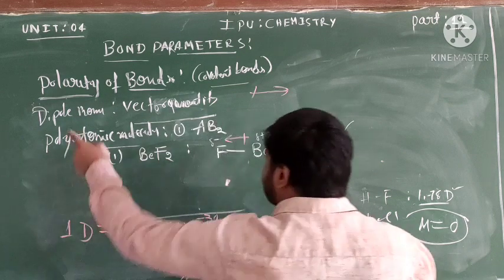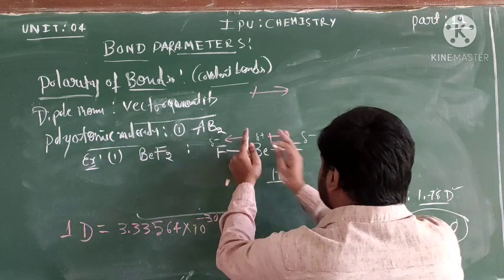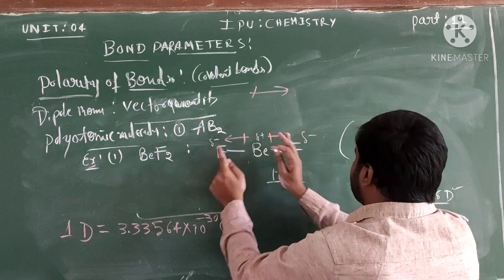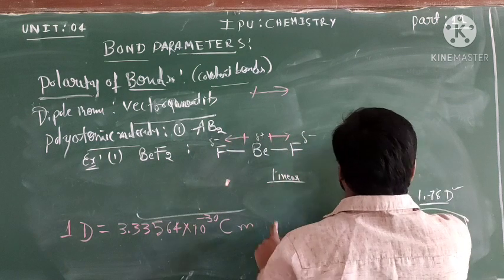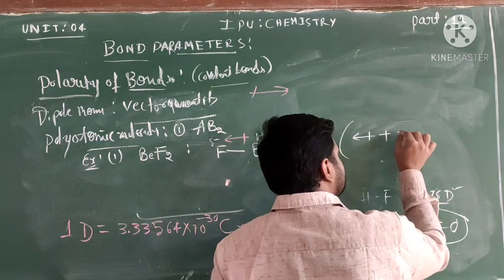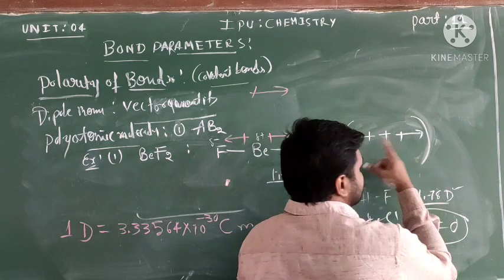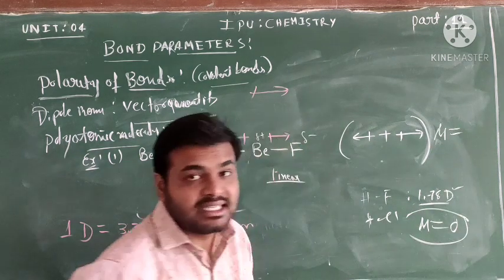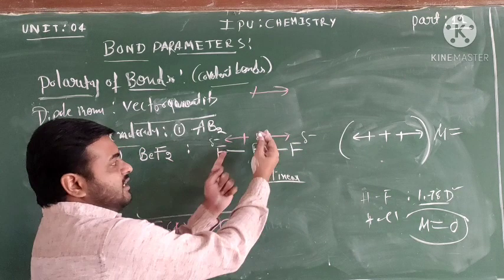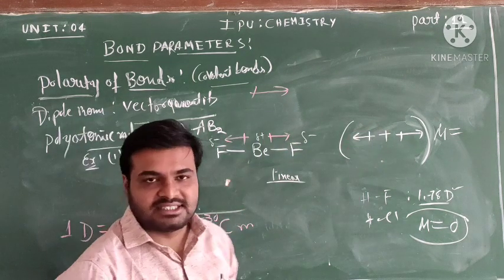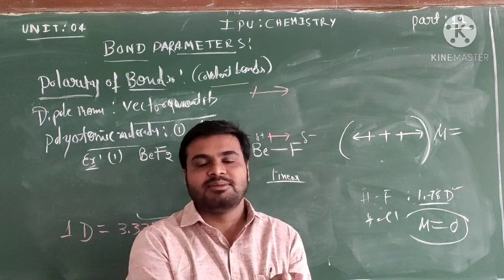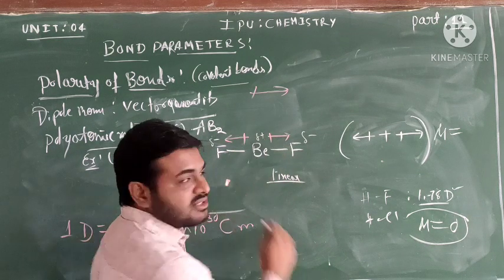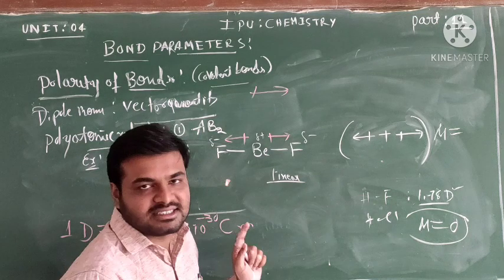Since it is a vector quantity, the sum of the vectors of these two bonds, which are in opposite directions, may cancel each other.